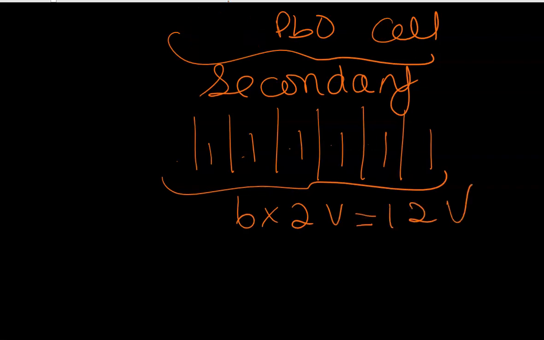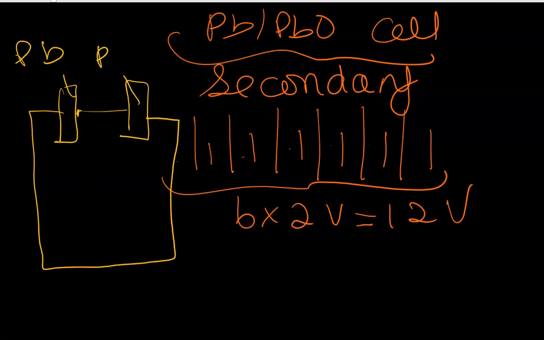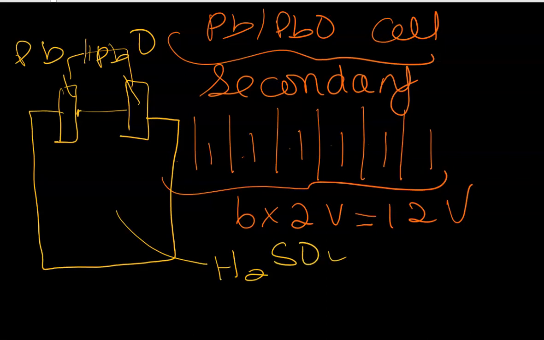And like your dry cell, again, you have your electrodes being present here, right? So this would have been lead, and this would have been lead oxide, and your electrolyte would have been here, sulfuric acid.